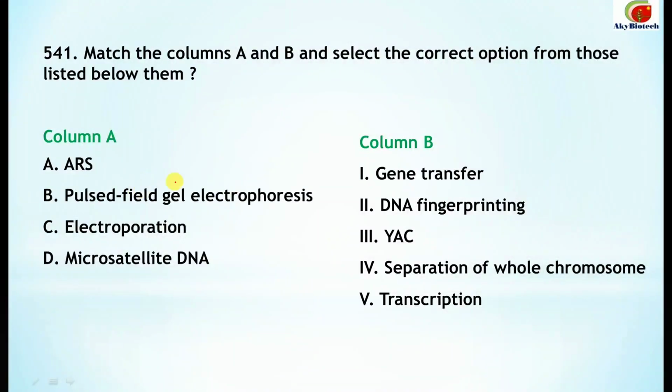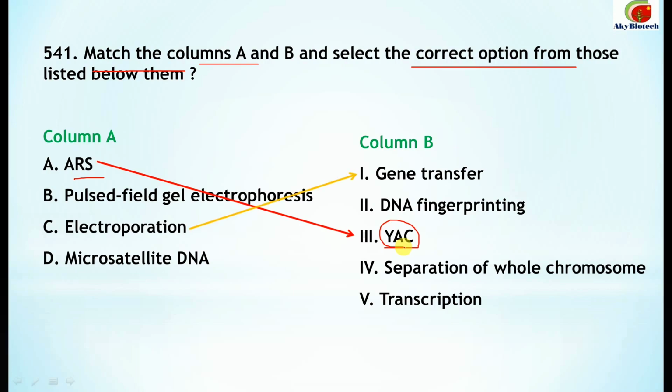Match the columns A and B and select the correct option from those listed below. You have the options in column A, you got to match them with column B. ARS is present in the yeast artificial chromosome, the YAC.